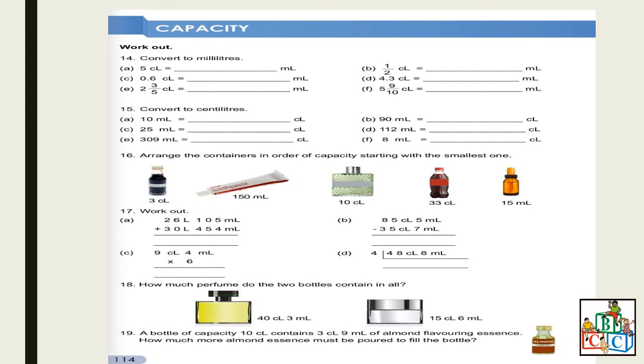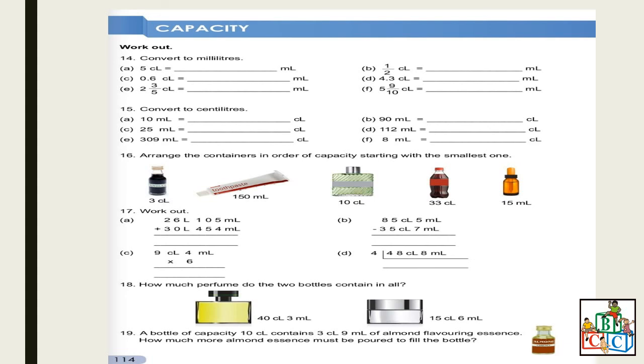For number 19, a bottle of capacity 10 centiliters contains 3 centiliters 9 milliliters of almond flavoring essence. How much more almond essence must be poured to fill the bottle? So here, very easy, I guess. I do not need to explain.